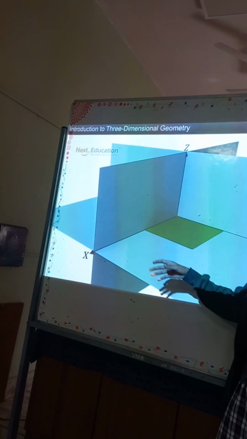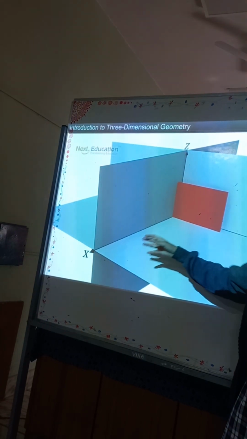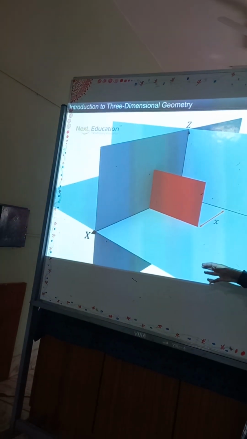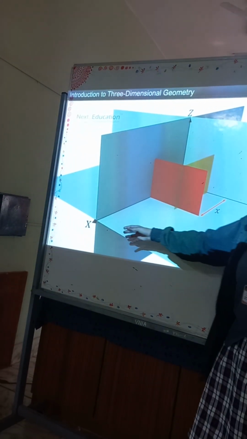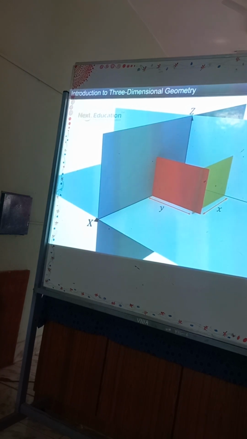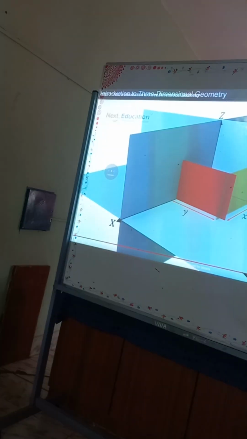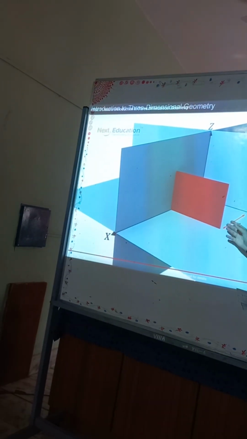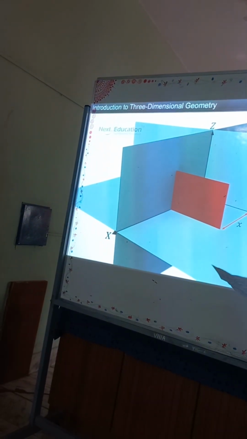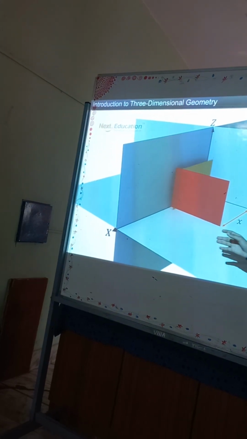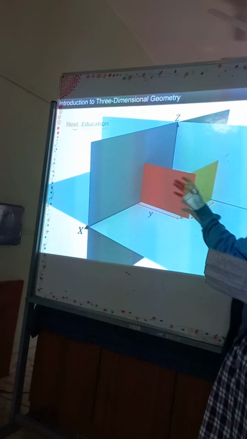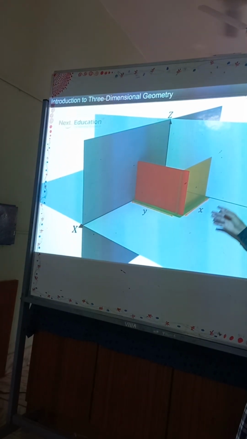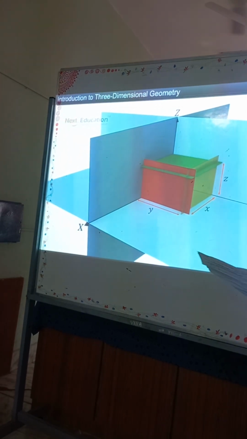Take another plane which is at a distance y from the zx plane, and a third plane which is at a distance z from the xy plane. That is, a plane at a distance x and parallel to the zy plane, a second plane at a distance y and parallel to the zx plane, and a third plane at a distance z and parallel to the xy plane.